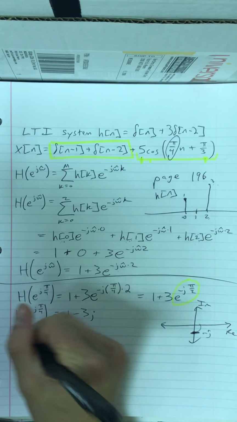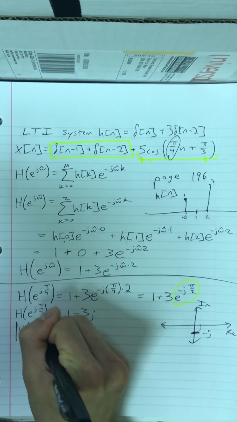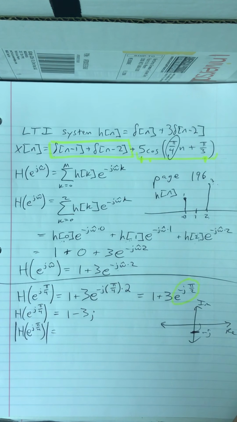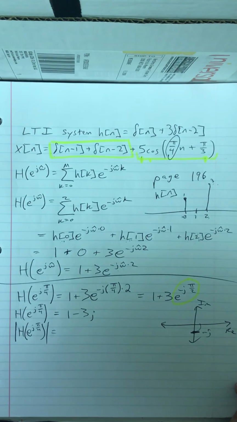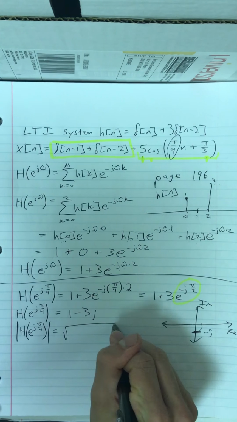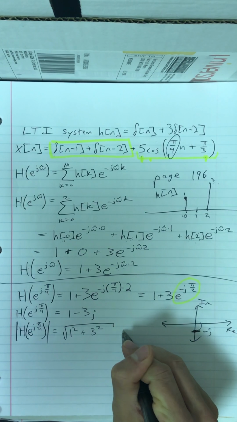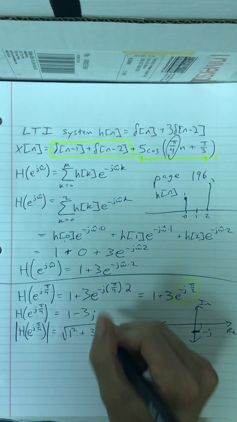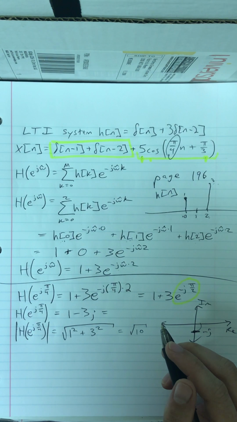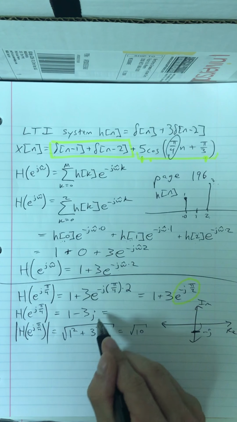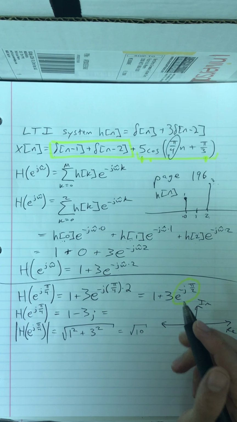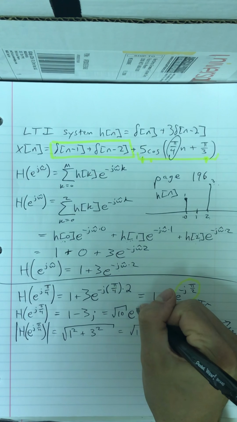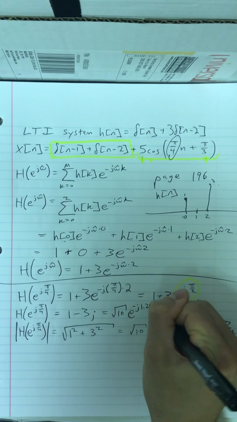Okay, so magnitude response, magnitude of this, okay, that's going to be the real part squared plus imaginary part squared, square root of that. It's going to be the square root of 10. And if you go ahead and put this in your calculator and you go to polar form, it's going to be e to the minus j 1.249.